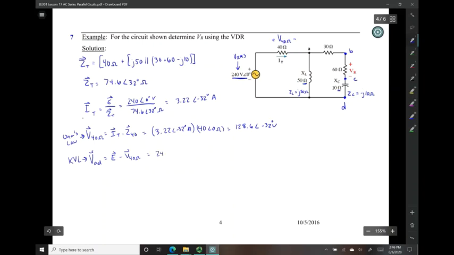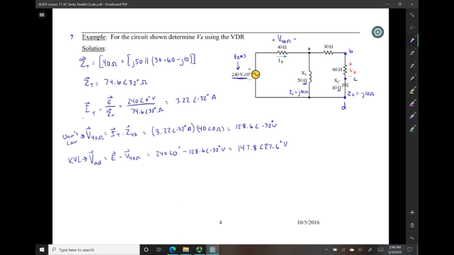So 240 minus 128.6 angle minus 32 degrees, and I get 147.8 angle 7.6 degrees volts.